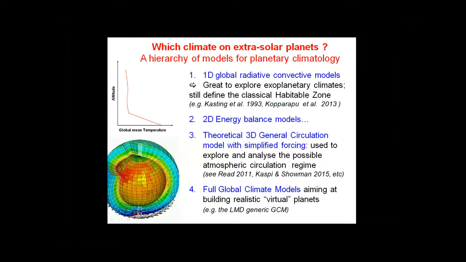And finally, more and more, various teams around the world, including ours, that's what I put here, are using full global climate models, which are very ambitious models designed to simulate all the aspects of the climate using universal equations. And they have been very successful in the solar system to simulate Venus, Mars, Titan, Pluto, even a giant planet now.